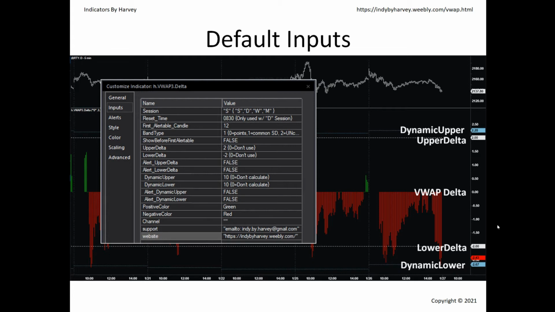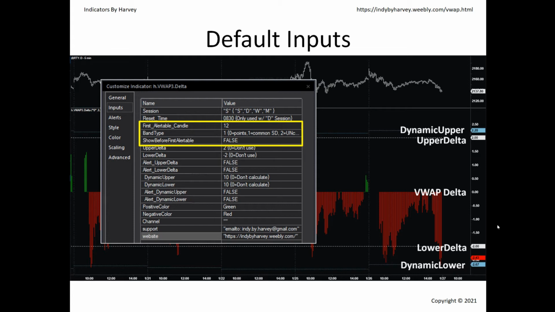As I said previously, I don't typically put any weight on excursions or retest of delta during the first hour, and since I usually put this on a 5-minute chart, I do not use any number below 12 for the first alertable candle.